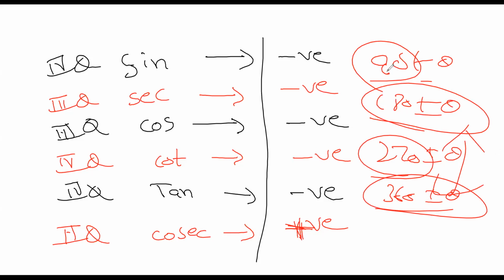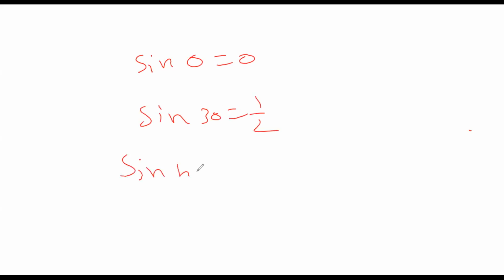Now, just after this, you have to know how these values go. Just now we studied that sine 0 is 0, sine 30 is 1 by 2, sine 45 is 1 by root 2, sine 60 is root 3 by 2, sine 90 is 1.